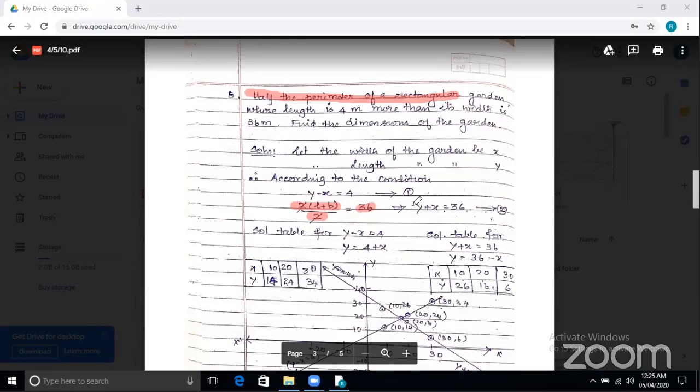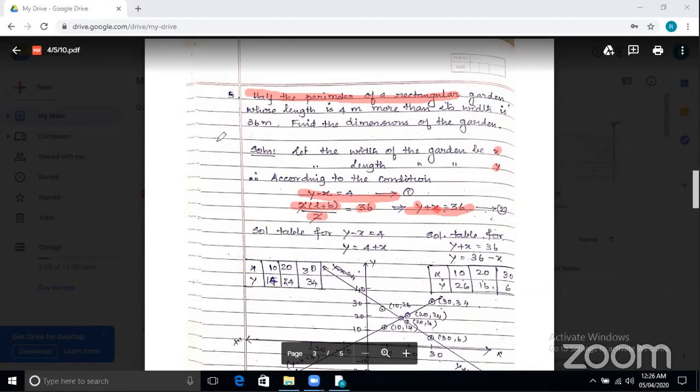Length is Y and width is X. Therefore, Y plus X is equal to 36. This is the second equation. This is the first equation.